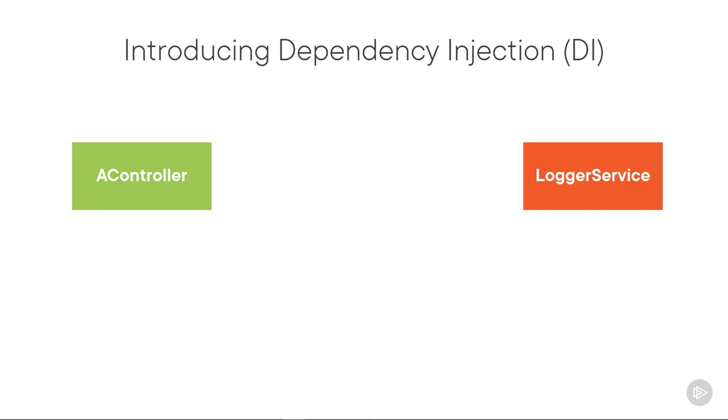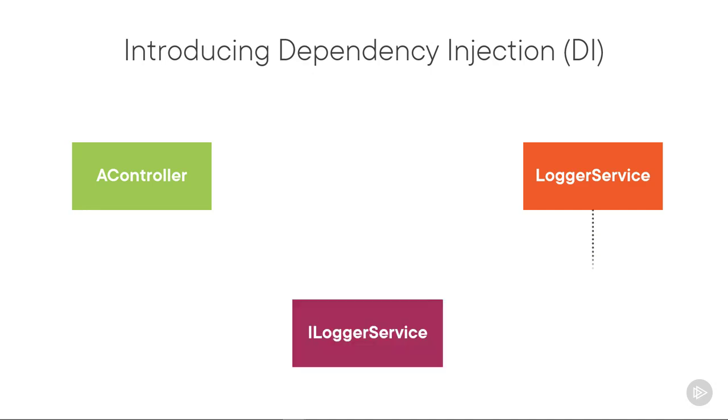A better approach here is using dependency injection and interfaces. First, instead of directly letting aController work with the Logger Service, we'll introduce an interface, iLogger Service, and we'll use that from aController. Now, that only solves half of the problem. What we want is having a third party create the instances of these services and pass that on to aController.